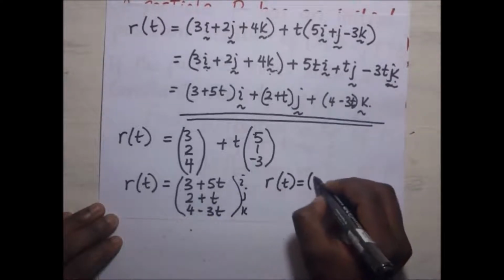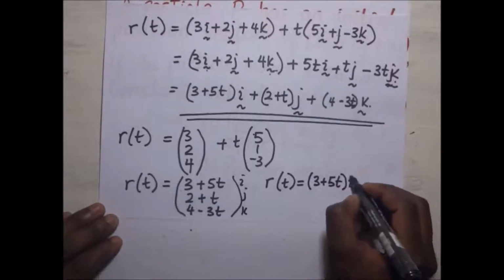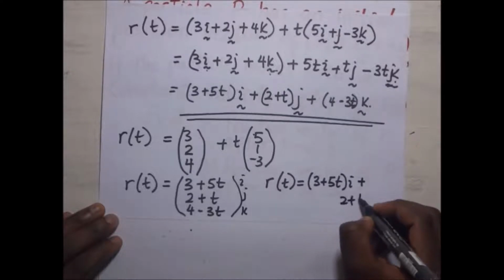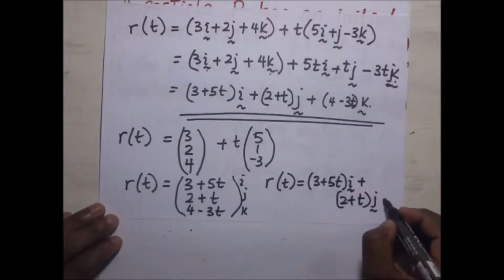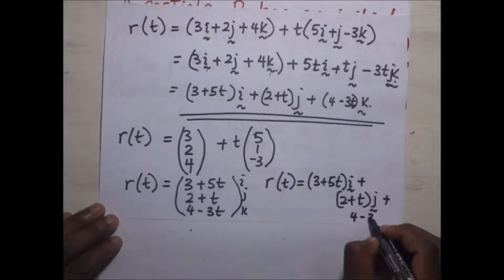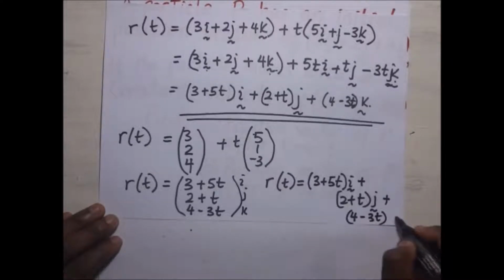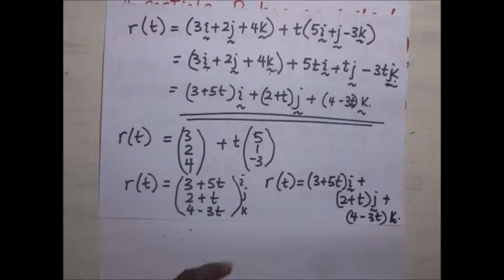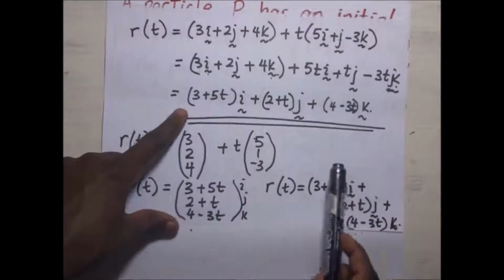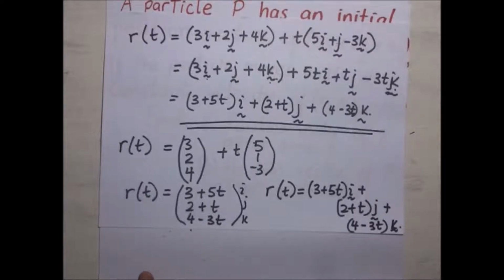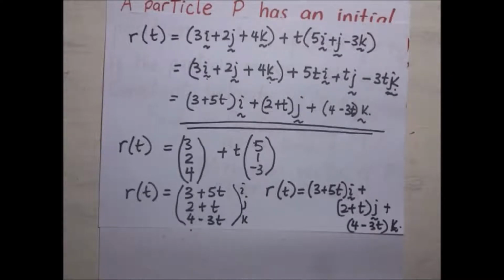So it would still be 3 plus 5t i plus 2 plus t j plus 4 minus 3t k. So you still find yourself ending up with the same expression as here. So that is the position vector of P. This is the expression for the position vector of P after a certain time t.